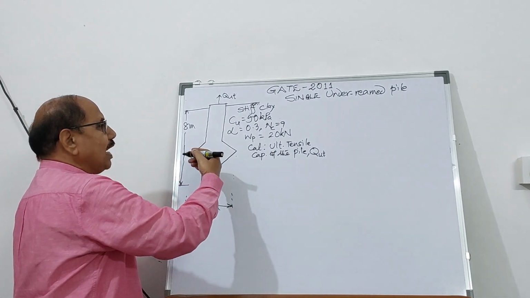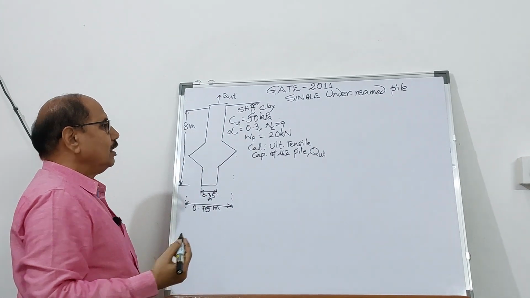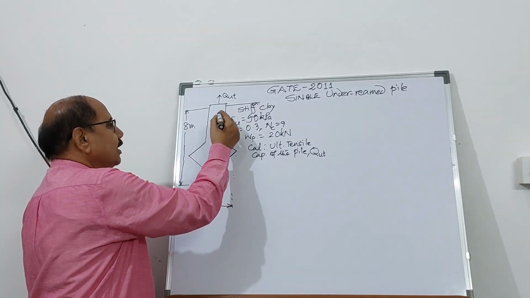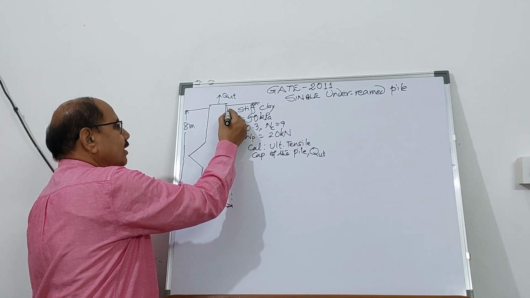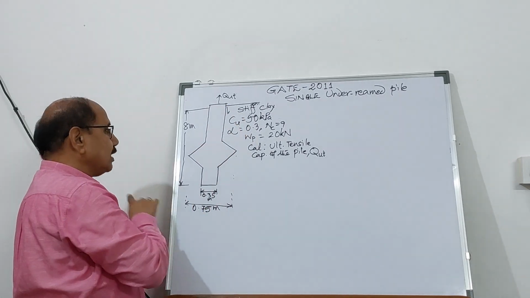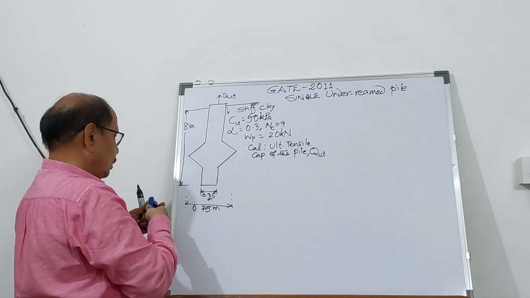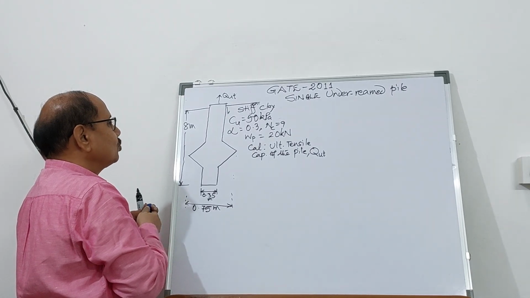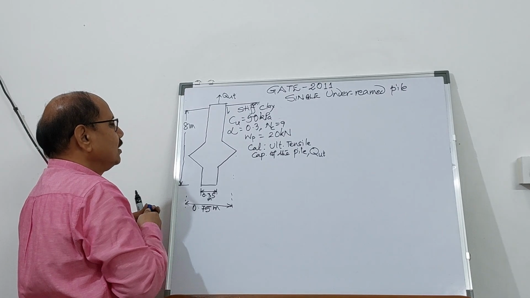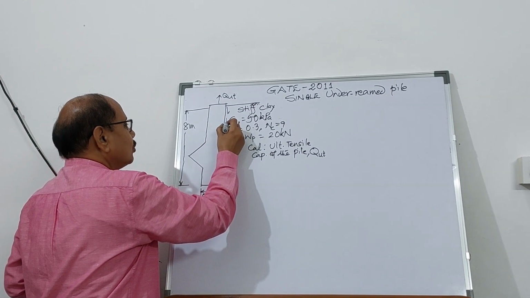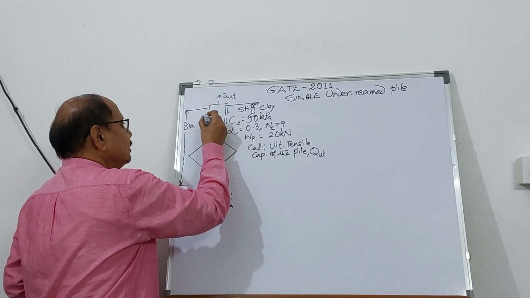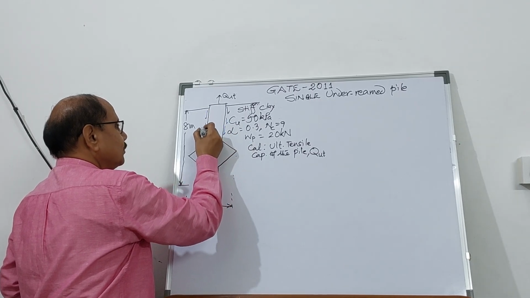So when the pile is pulled, then the skin friction will be acting in the downward direction, as can be shown over here. So the skin friction has to be calculated, which will be acting over the pile shaft in the downward direction.